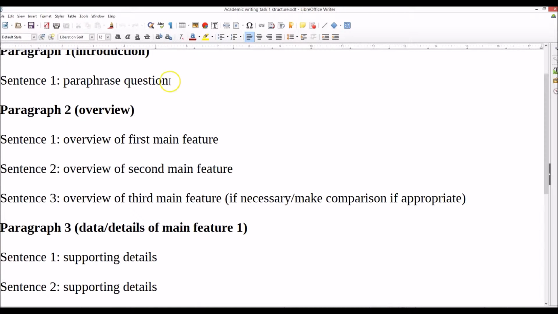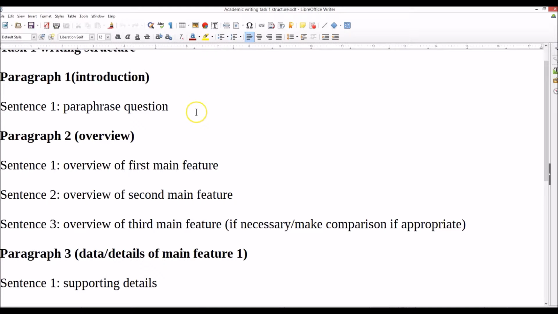So, you paraphrase the question, as always, and we have to have an overview, even for a process. Now, the overview for the process, because there are no different features, well, there could be two if it's a couple of different illustrations, but for this example, it's just a single one.